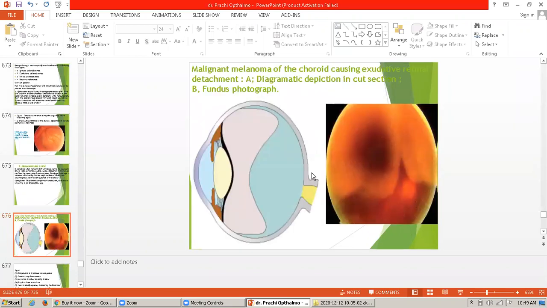So this is a diagrammatic representation of the malignant melanoma of choroid causing an exudative retinal detachment, a diagrammatic depiction in the cut section and the fundus photograph.